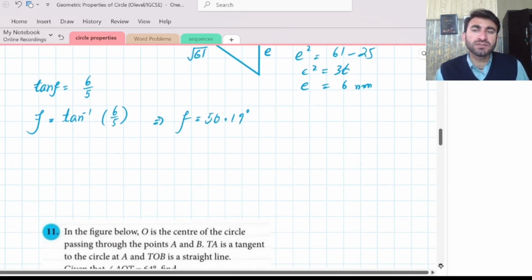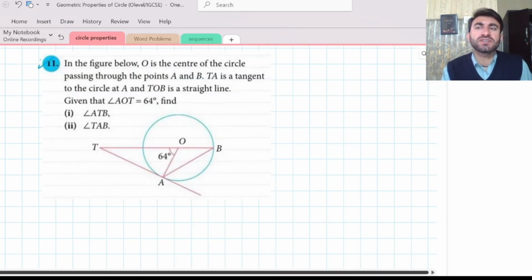Now let's move forward. So in this question number 11, it states in the figure below, O is the center of the circle. So we can see O is over here. This is the center of the circle passing through the points A and B. TA is the tangent to the circle at A. We can see TA is over here and it is tangent to the circle at point A. And the first thing that comes to our mind is that a radial segment is perpendicular to the tangent at the point of tangency.